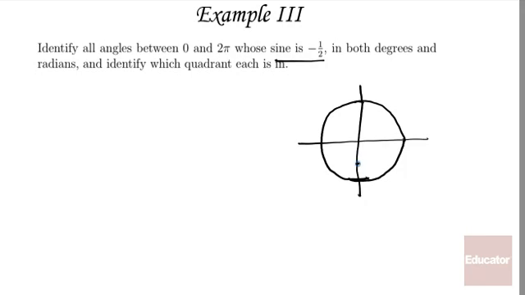So we want things whose y coordinates are negative 1/2. So I'm going to draw a negative 1/2 on the y-axis. And now I'm going to look for all angles whose y-coordinate is negative 1/2. And look, there's one right there, and there's one right there. So I'm going to draw those triangles in.